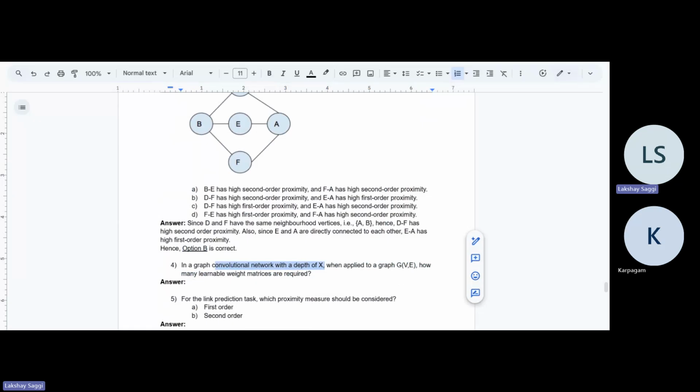So a graph convolution network with a depth of x means that the network has x layers, and each layer has one weight matrix associated to it. So how many learnable weight matrices are there when there are x layers? One layer has one weight matrix, so if there are x layers, then x learnable weight matrices are there.